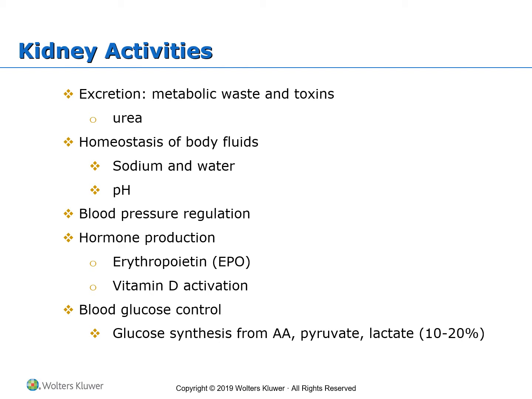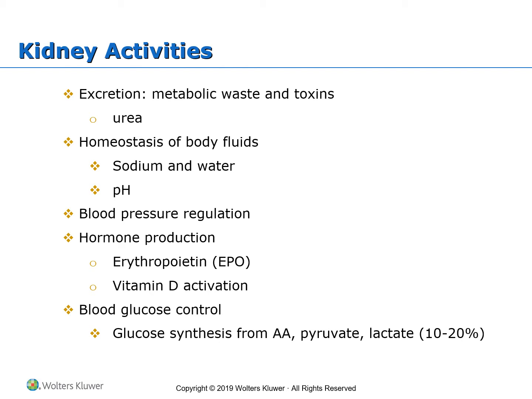The last element where the kidneys are involved will be the blood glucose control. And it's interesting that kidneys can synthesize glucose from a non-carbohydrate source, like amino acids or glycerol or pyruvate or lactate.